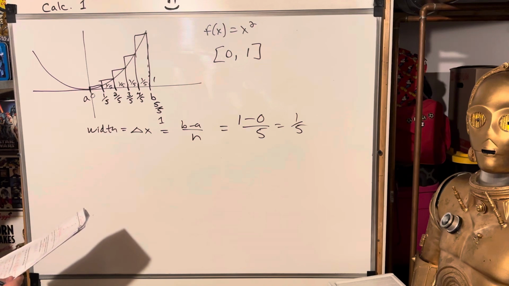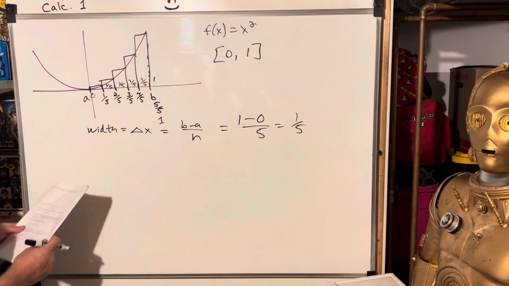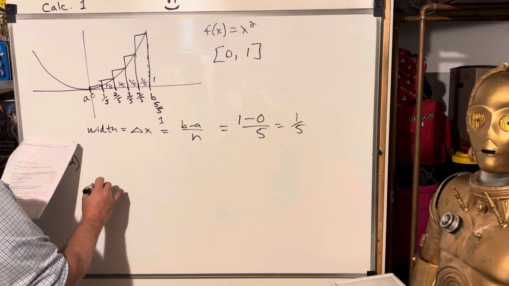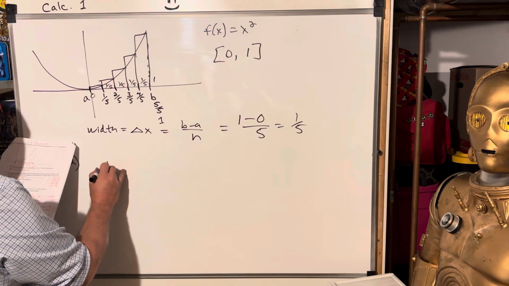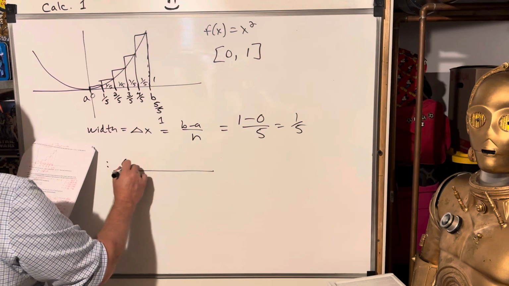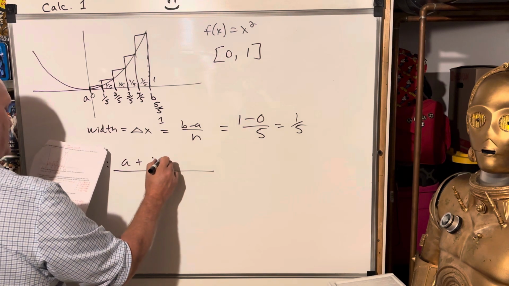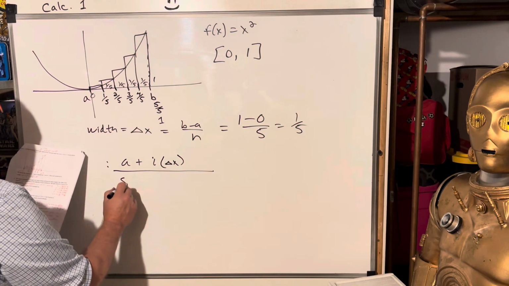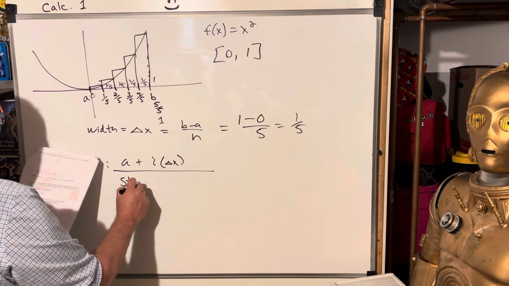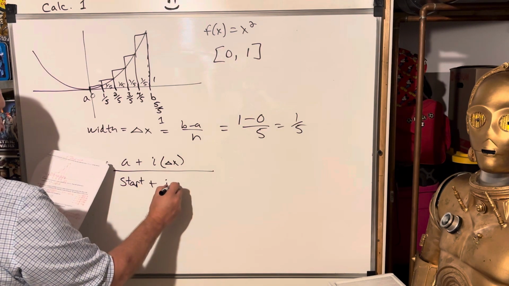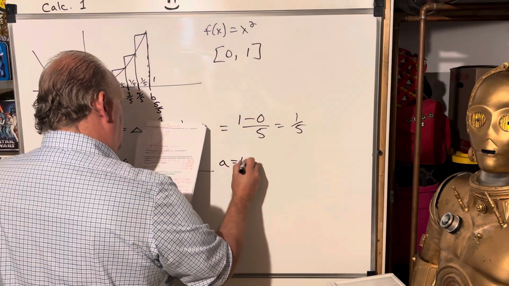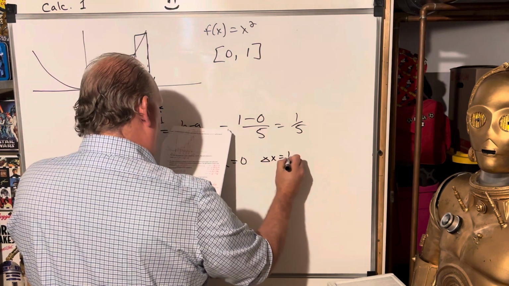So the subintervals, let's take a look at what that is. It says the subintervals is A plus i times the change in x. So that is the starting point plus i change in x. In this case, A is 0, the change in x is 1/5.